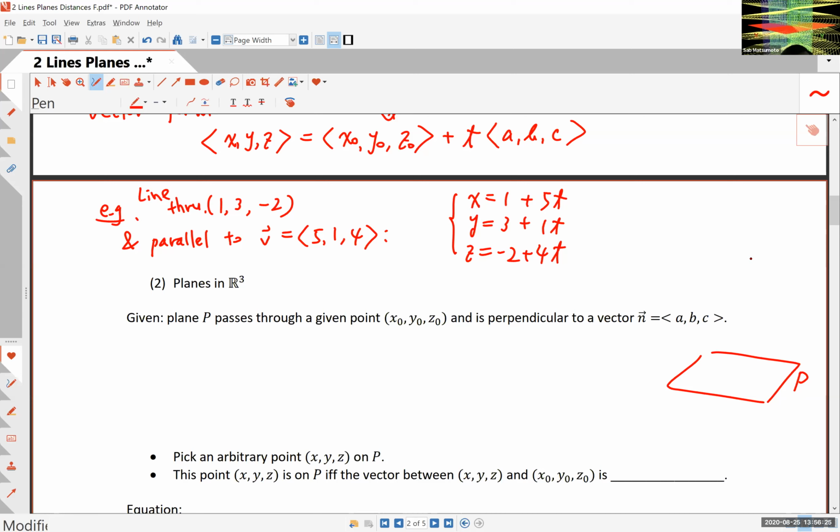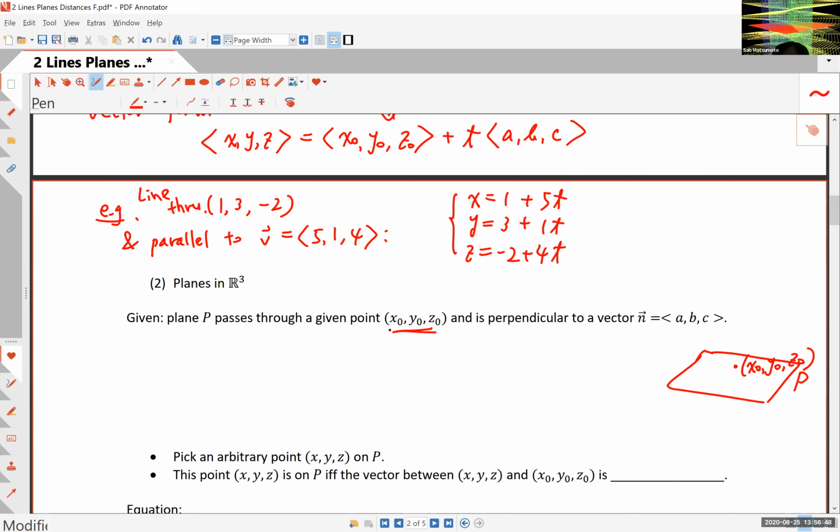Now, what do you have to know about this plane in order to describe this? Okay, first, it really helps if you have a point on the plane. So you are given that plane P goes through the point x0, y0, z0. But there are infinitely many planes that go through this point.